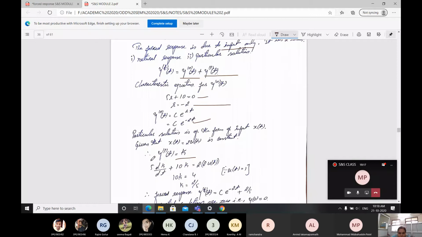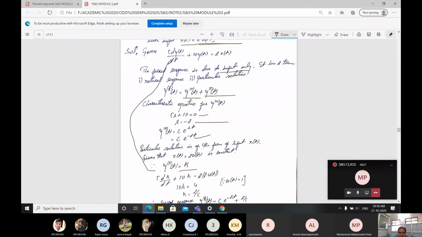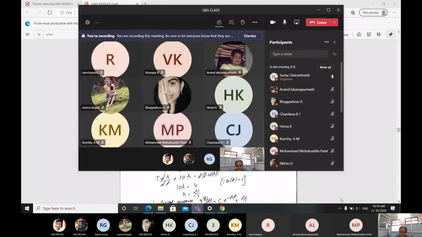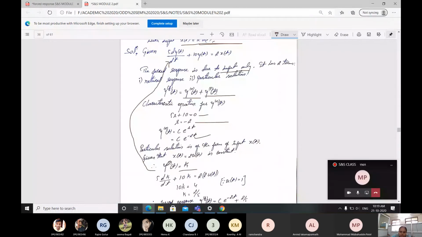This yp of t, that is k, has to be substituted in the given equation.